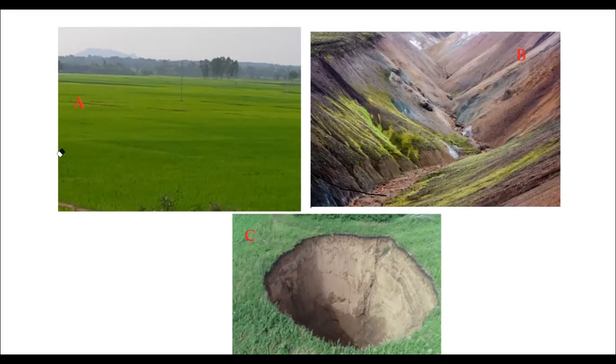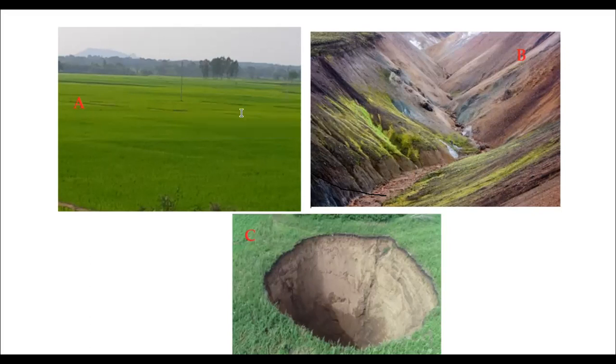All right, notice at A, there is no significant change in the height of the land as we move across. So it is an extensive area of flat lowland. So A, therefore, is a plain.